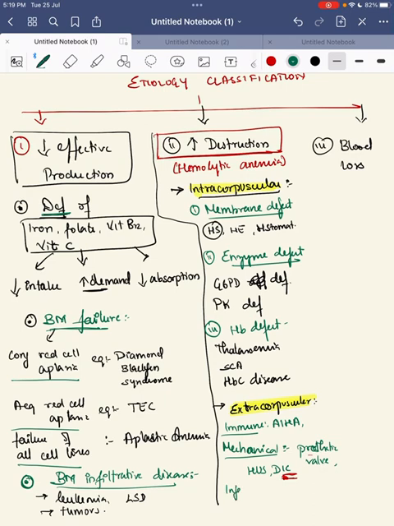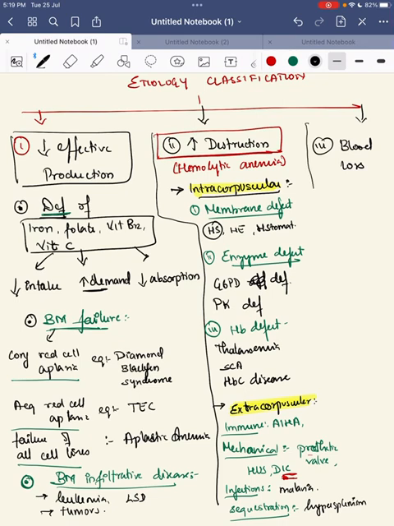Or when the child is having infections related to the blood vessels and also to the RBCs, like malaria. Next is sequestration, like in hypersplenism. Okay, these are the extracorpuscular causes of increased destruction of these RBCs.